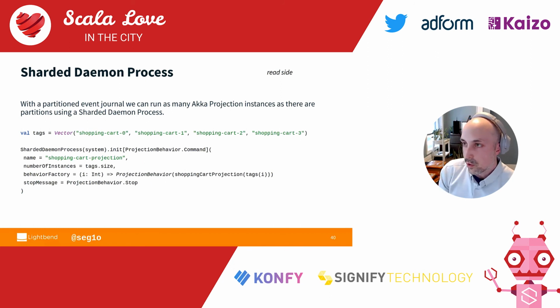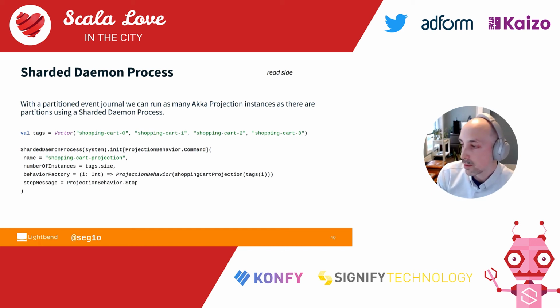So using the sharded daemon process, we can distribute the projection across Akka Cluster. We just define the number of instances of projections we want, and that's basically the number of tags we have.